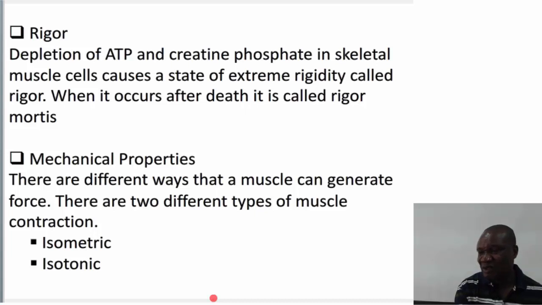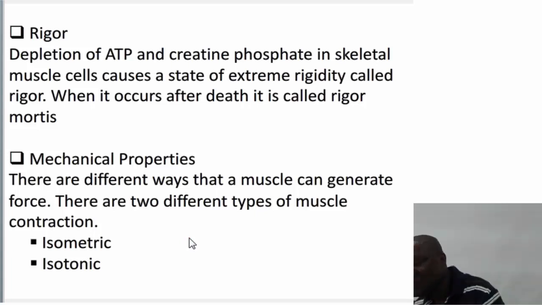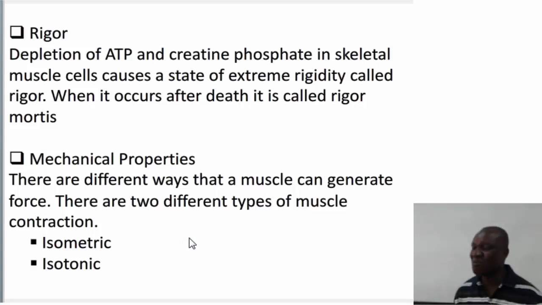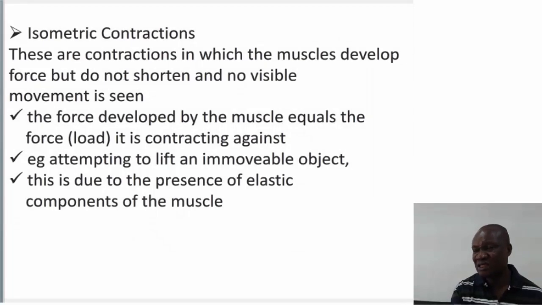Good. Now let's look at the mechanical properties of skeletal muscle. Skeletal muscle can generate tension in various ways, and there are two types of muscle contraction: isometric and isotonic contractions.